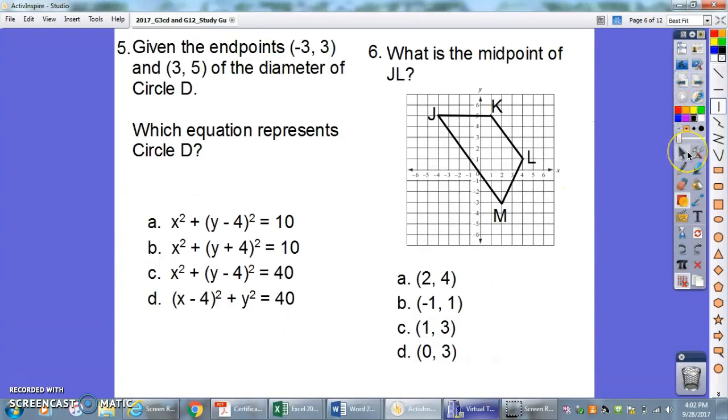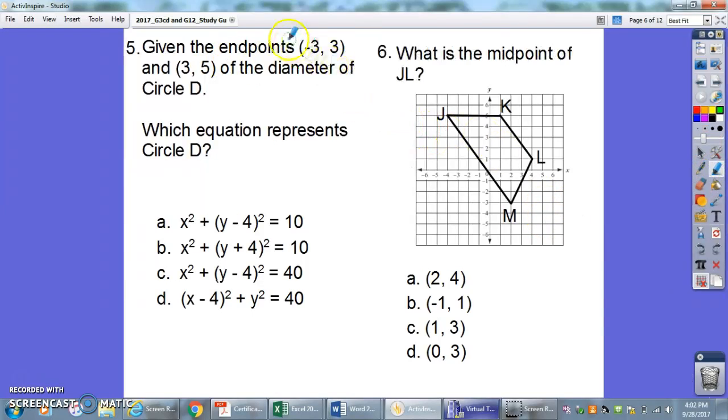So our center is, well, we don't have a center, I'm sorry. We have endpoints, that's different. So we have endpoints of a diameter. We're graphing that diameter so we can find the center, which would go here and here for our center, and then we're finding the length of the radius. That would be what goes to the right side of the equal sign.